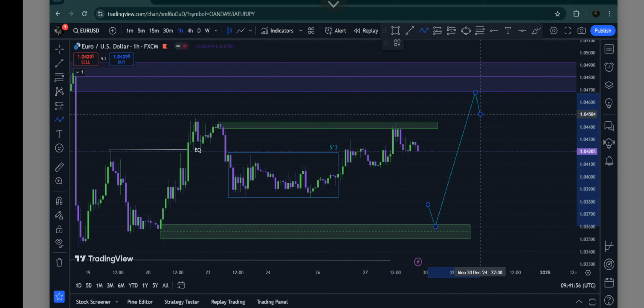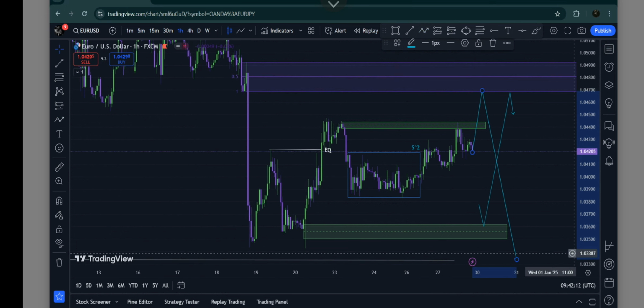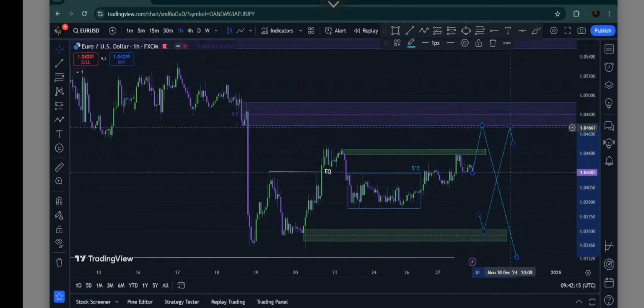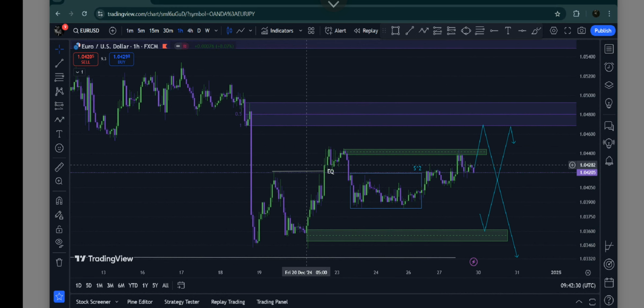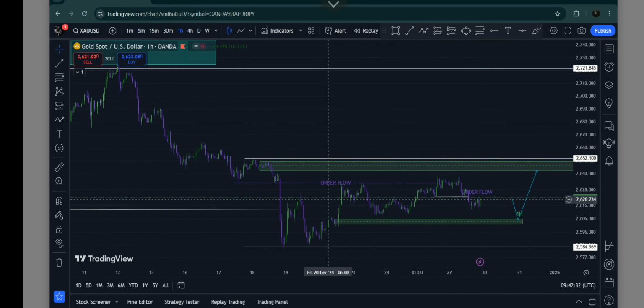So the idea is either for price to retest this demand, so we look for buys, or we retest this supply area by the extreme to look for sales towards the swing low, and that will align with the 1 hour and 4 hours since both are bearish. So we'd be looking for sales towards these time frames by the 1 hour and 4 hour to push price here. But if price can retest down here, we can still believe price can move higher towards this supply area to retest. So by the next currency pair, gold is exactly the same thing.